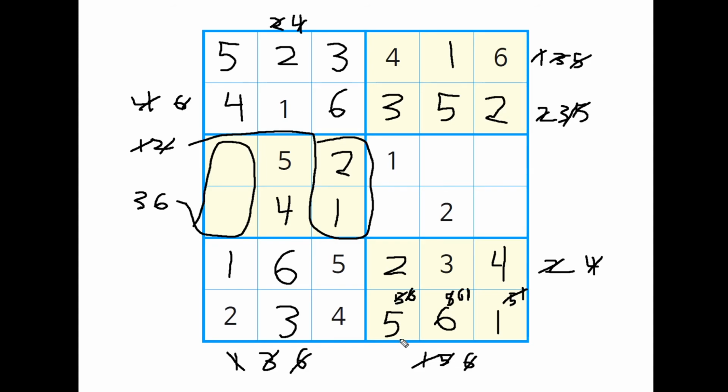Alright, now let's fill the rest of the puzzle in. This 4th column is missing the number 6, so we just put it in the last cell. This 5th column is missing the number 4, so we put it in the last cell. And this last column is missing the numbers 3 and 5.